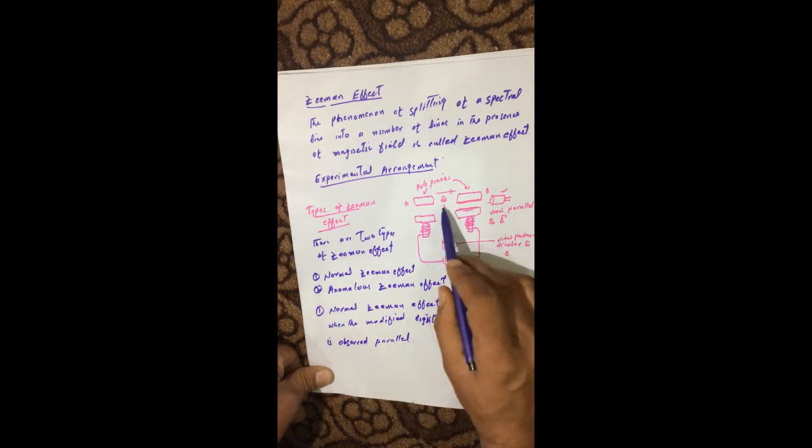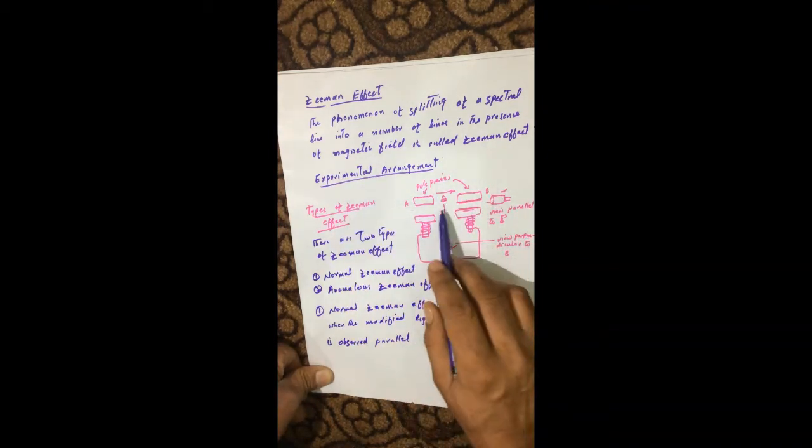I mean if we observe the split light, because we know that in Zeeman effect, a spectral line when it passes through a magnetic field is split into a number of component lines.